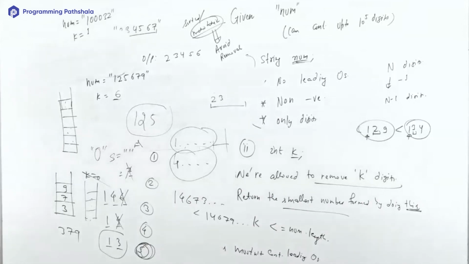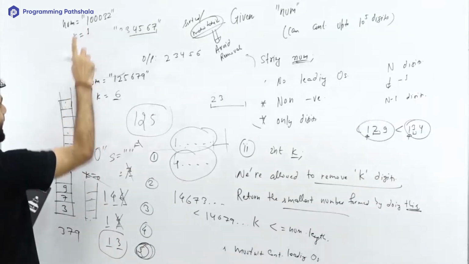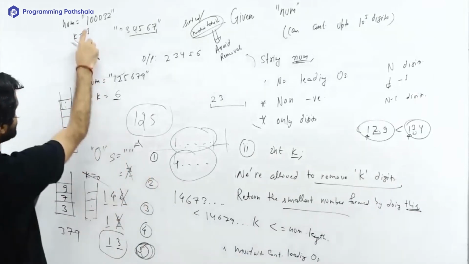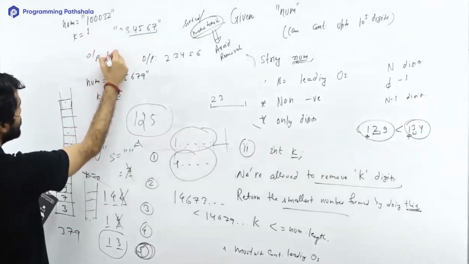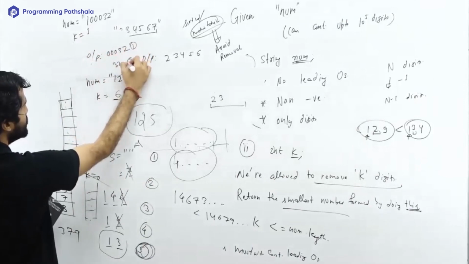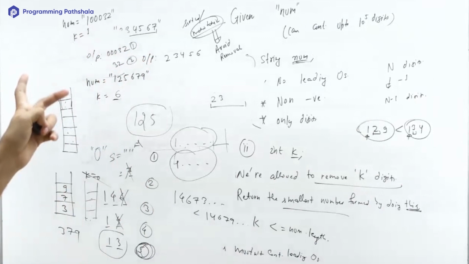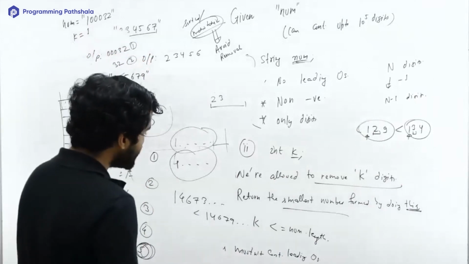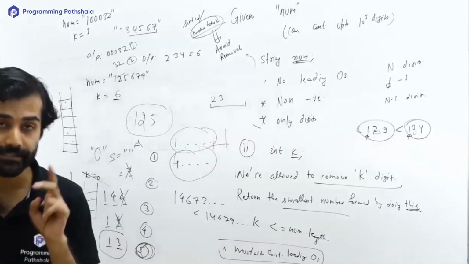And which digit have you removed? You have removed 1, and it makes absolute sense to remove 1, because if I just remove this 1, I'll get 32. But when you print your output, would you want to print this or this, 1 or 2? You'd want to print the second thing, because leading zeros are not allowed. It was mentioned here that the answer must not contain leading zeros.